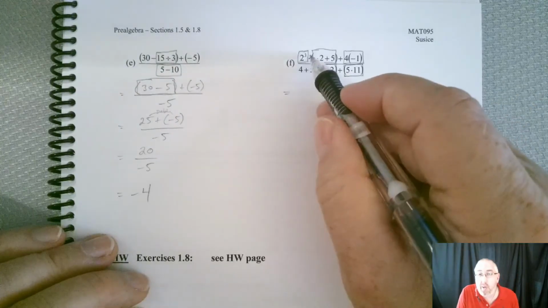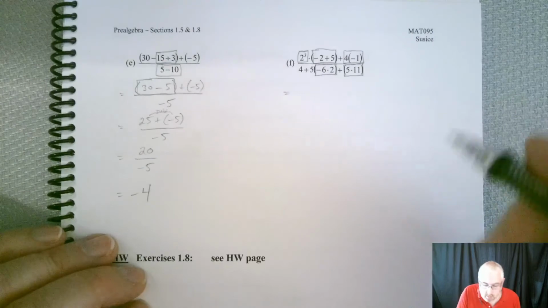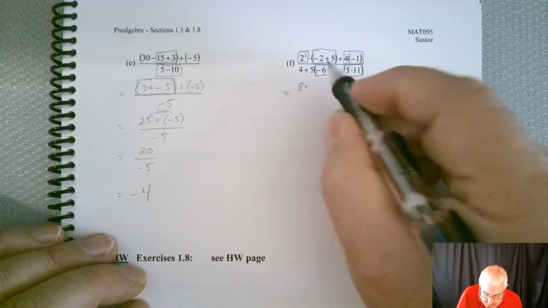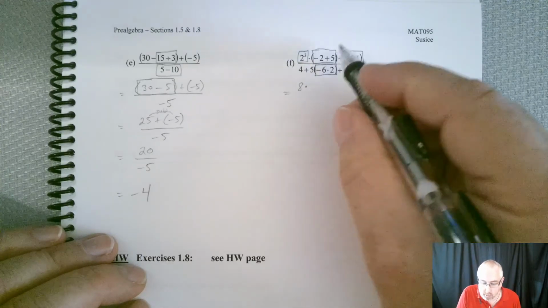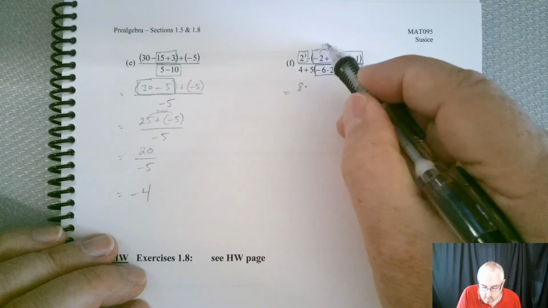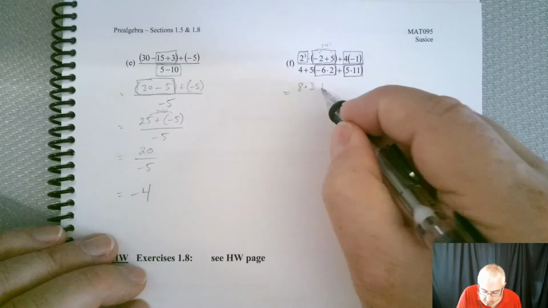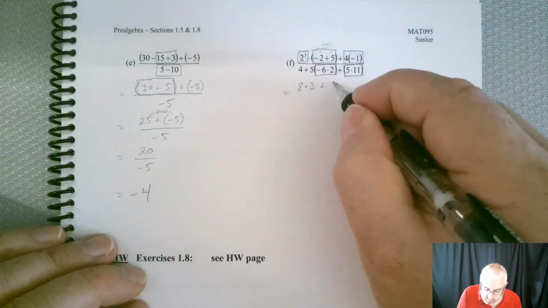Okay, so 2 to the third power. 2 times 2 times 2. So remember, that's going to be equal to 8 times negative 2 plus 5. So we're going to subtract. And we're going to get a positive 3 plus 4 times negative 1 should be negative 4.